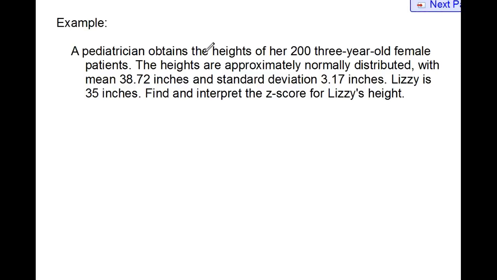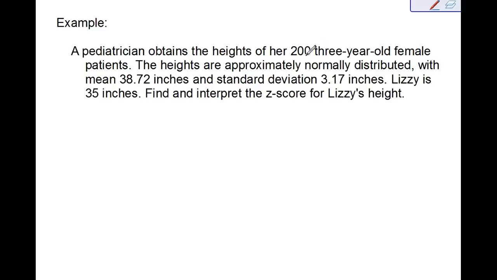A pediatrician obtains the heights of her 200 3-year-old female patients. The heights are approximately normally distributed with a mean of 38.72 inches and standard deviation of 3.17 inches. Lizzie is 35 inches. Find and interpret the z-score for Lizzie's height.